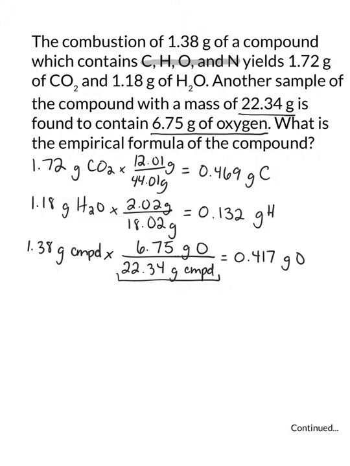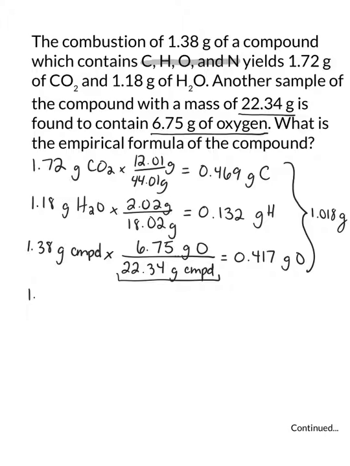So now what I'm going to do is I'm going to take all 3 of these guys, my carbon, hydrogen, and oxygen, remember I'm still missing that nitrogen. I'm going to add these up. So 0.469 plus 0.132 plus 0.417, it gives me 1.018 grams. Okay, notice that still does not satisfy my original 1.38 grams.